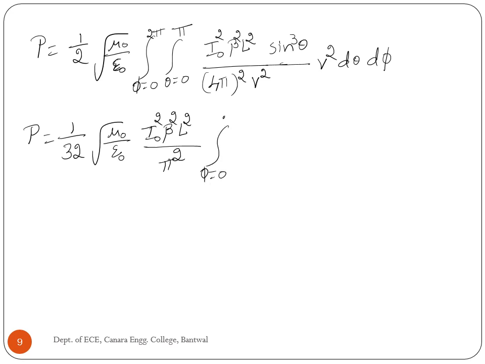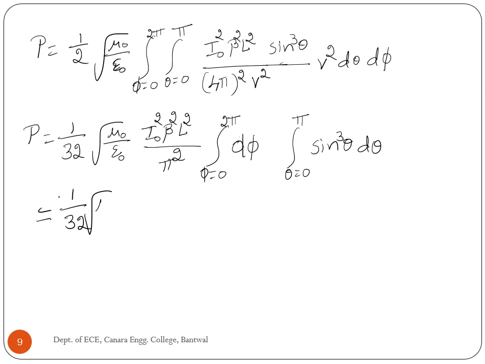integral phi equal to 0 to 2 pi d phi, theta equal to 0 to pi sin cube theta d theta, which is equal to 1 by 32 root of mu naught by epsilon naught I naught square beta square L square divided by pi square.